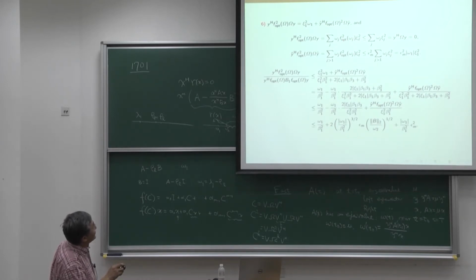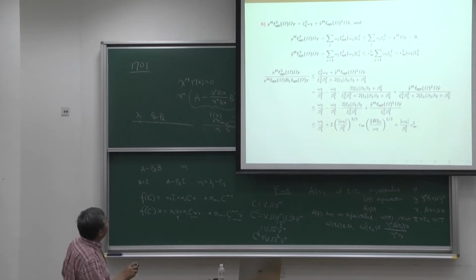So the sum of omega j, because it's j squared, that's y hat omega y, that equals 0. So the whole thing says the numerator is negative or 0. The numerator is negative or 0. Okay, that's important. Then the second term right here can be controlled by omega 1 and cos 1 squared. Now this is a term we need to estimate, right?